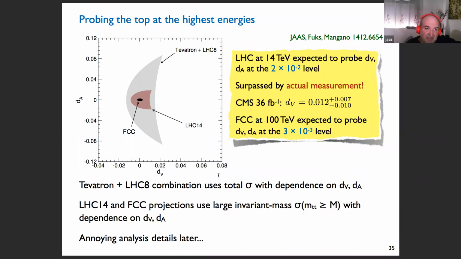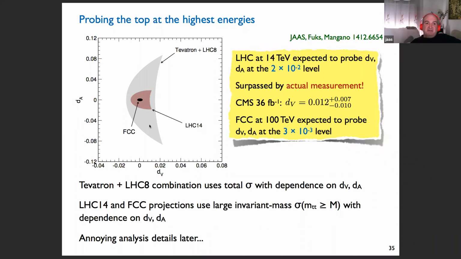At that moment, the LHC at 14 TeV was expected to probe these couplings at the level of 2 times 10 to minus 2. This is what you roughly see from this dark brown region in this plot. The light green region is a combination of LHC data at 8 TeV and Tevatron. They have strange shapes, but don't worry.